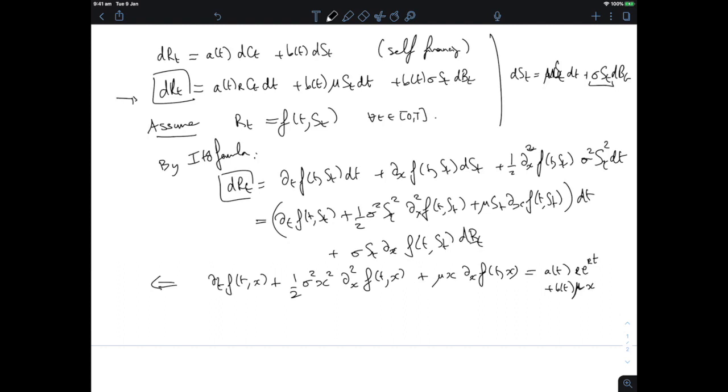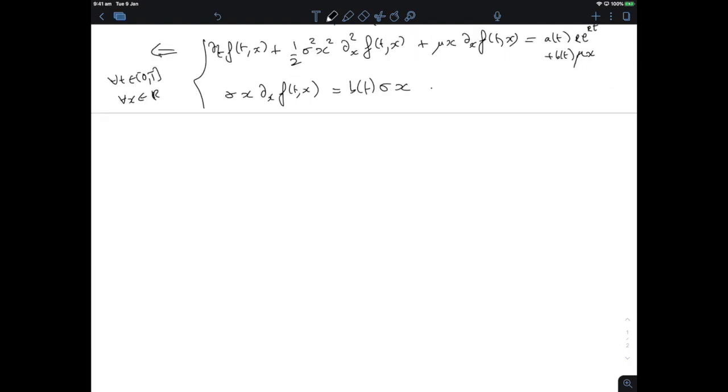So if I have this expression, that will guarantee that the dt terms match up, and to guarantee that the dB_t terms match up, I want what? σ x ∂_x f(t,x) to be equal to B_t times σ times x. All right, and I want this to happen for every t in my time interval and for every x in R. Now let's see if we can solve this system of PDEs.